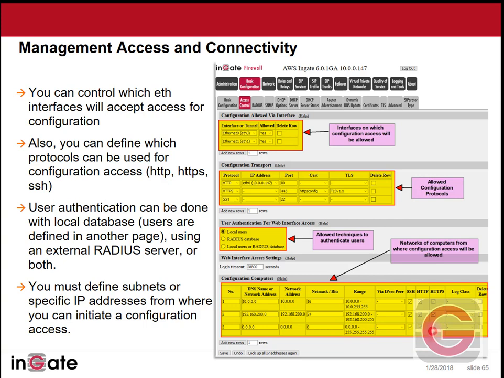Then you are going to allow management from a remote site, no matter where it's located, from a remote IP address, but only HTTPS, and you don't enable HTTP or SSH.